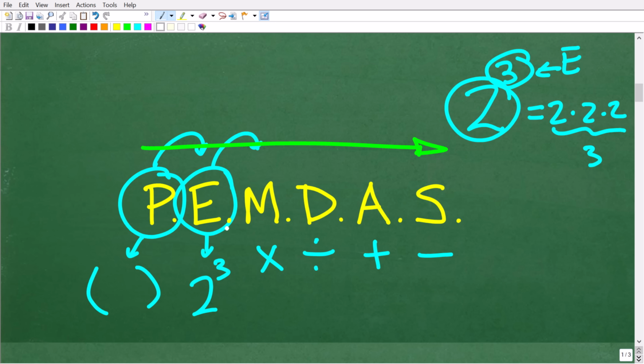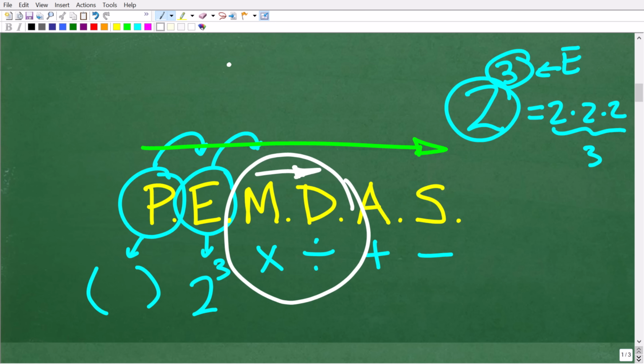So the way this works is the following. The next thing you're going to do is not necessarily multiplication. It's multiplication or division. The next thing after powers is multiplication or division, whatever you see first from left to right. This is an area of the order of operations that a lot of people confuse.